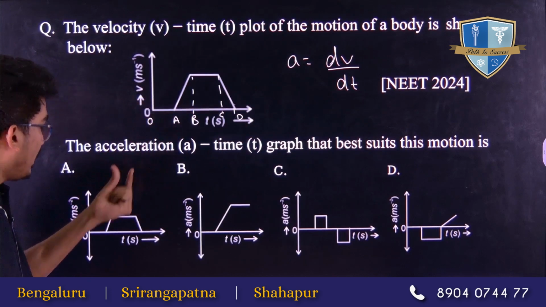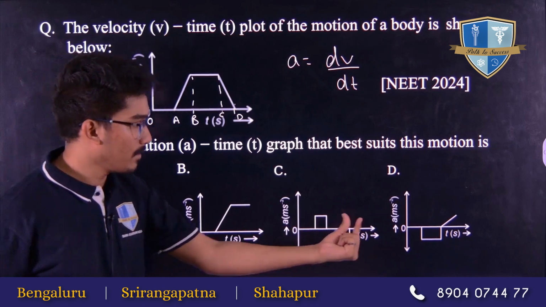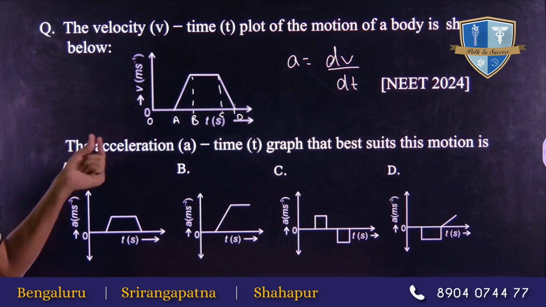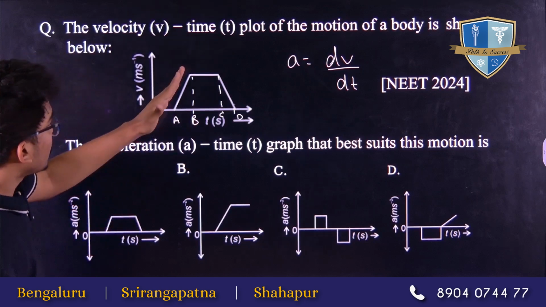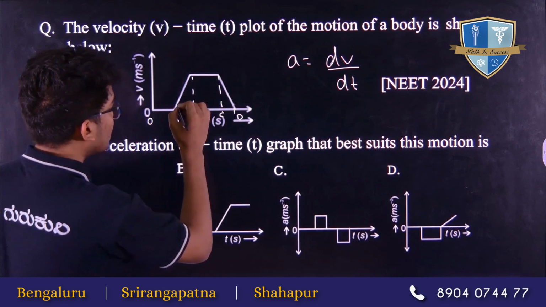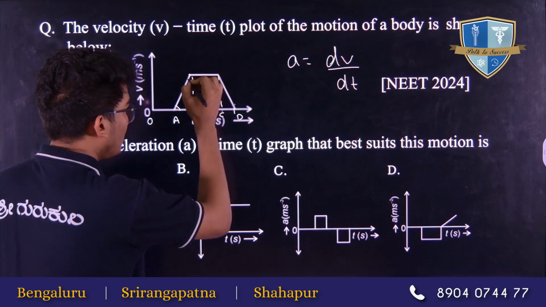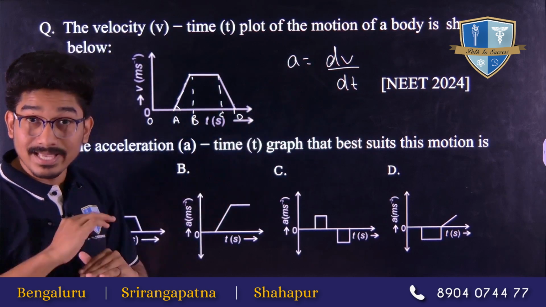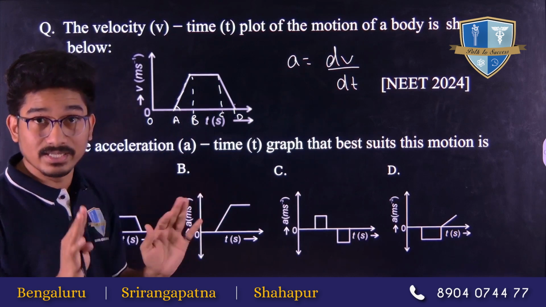So first from A to B, the acceleration should be 0. Everywhere initial acceleration is 0. Now from A to B you will see the slope is constant, the entire slope is constant. Slope constant means acceleration constant, meaning acceleration from A to B is not changing, same value.